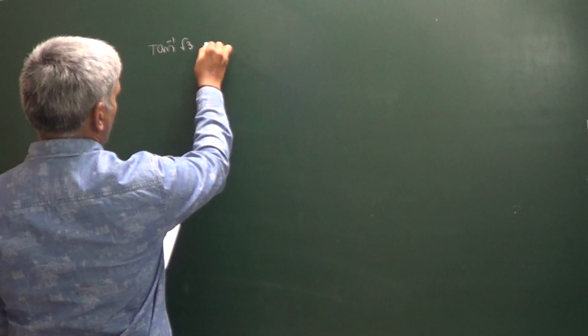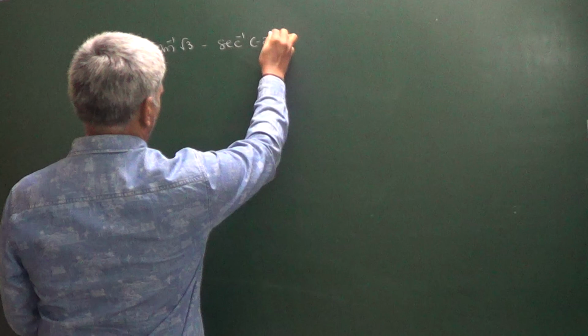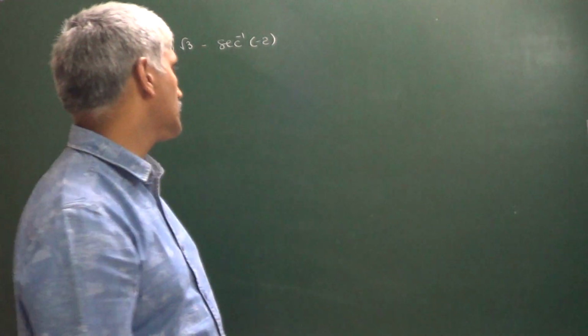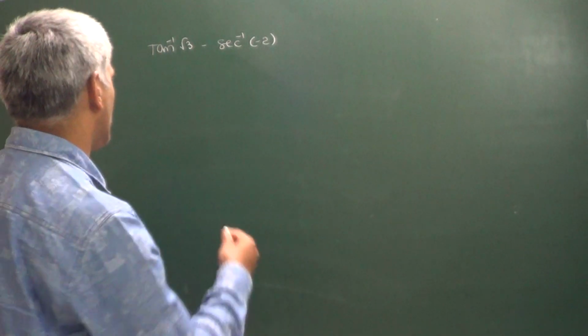Suppose the question is given like this: tan inverse of root 3 minus secant inverse of minus 2. That is another question given. Tan inverse of root 3 minus secant inverse of minus 2. The same question here I want to do in another way.